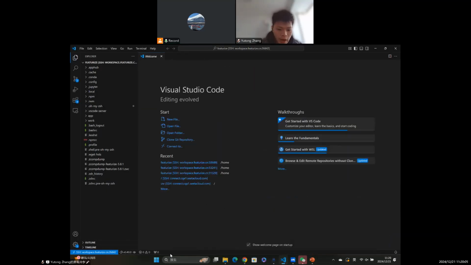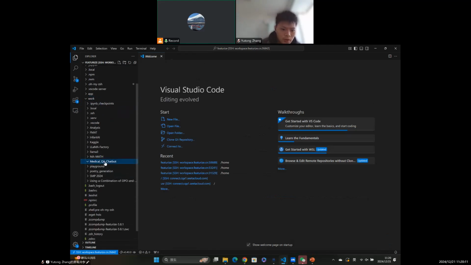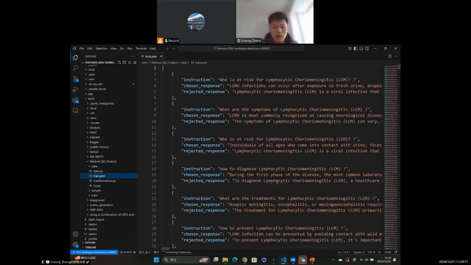So here I have already trained a model using such data, and we can see this is our training data here. So we have an instruction, for example, this is a kind of disease which I'm not familiar with, and this is the chosen response, which is given in the original data set.